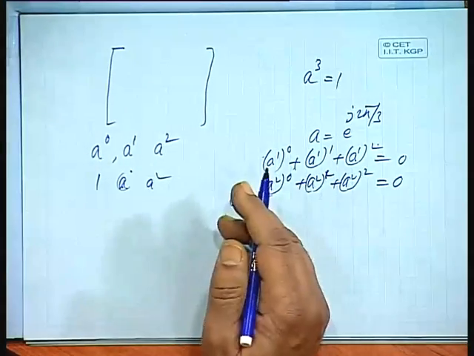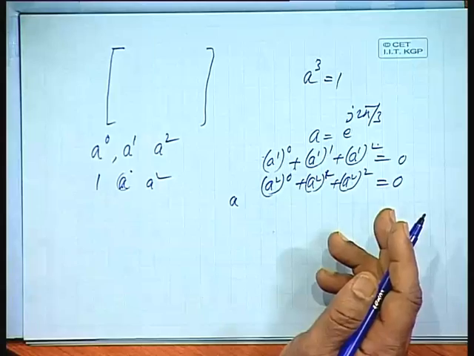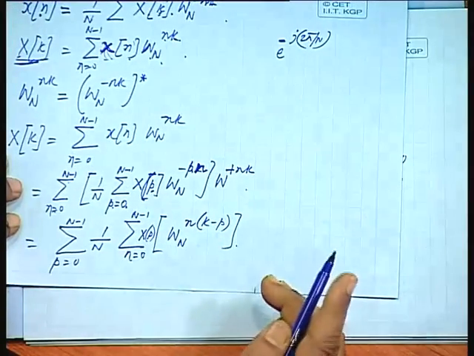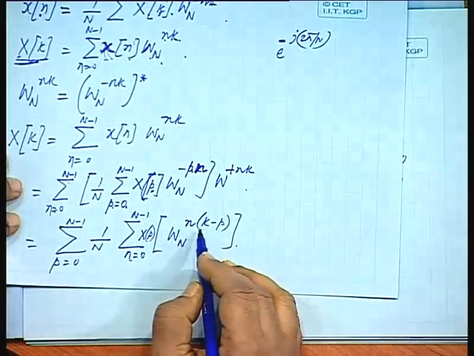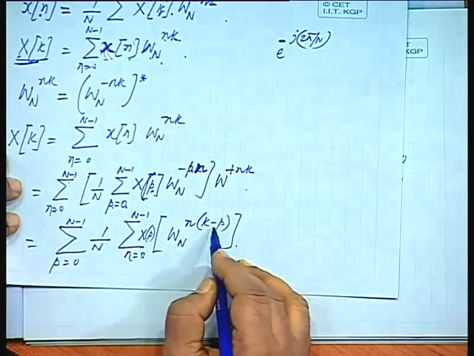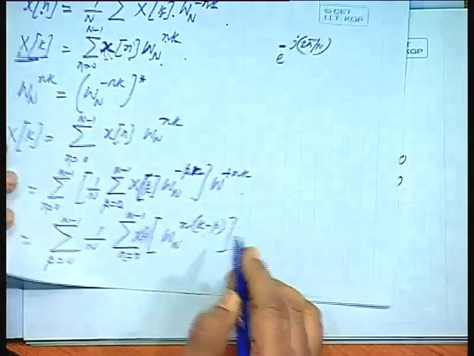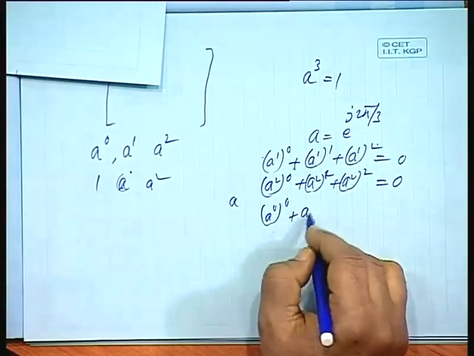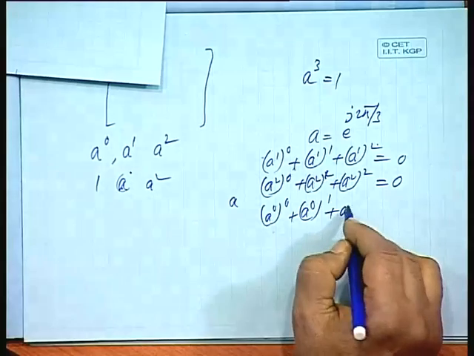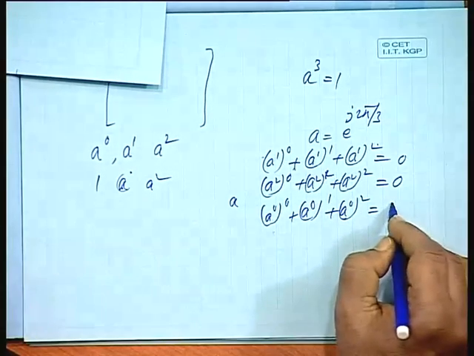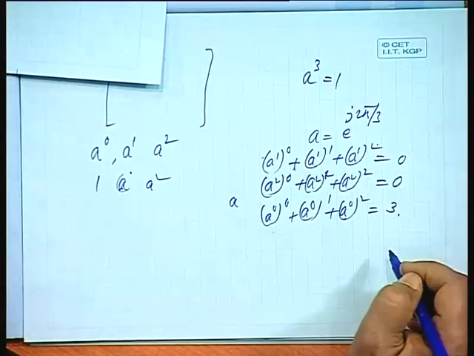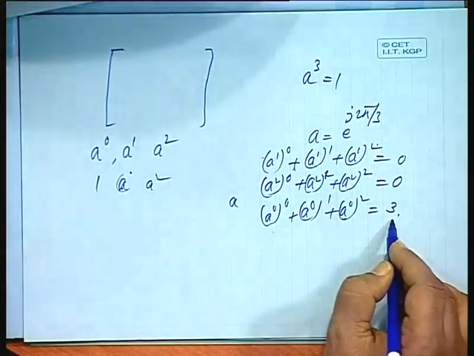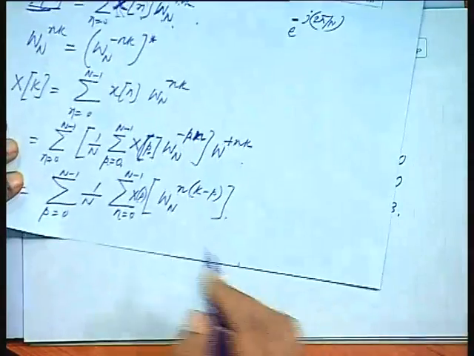By the same logic here, you will find W_N is a basic element. If you take any difference k minus p other than 0, the sum is 0. But if I take a0 to the power 0 plus a0 to the power 1 plus a0 to the power 2, then I will get 3. That is how you get the zero sequence component, is it not?